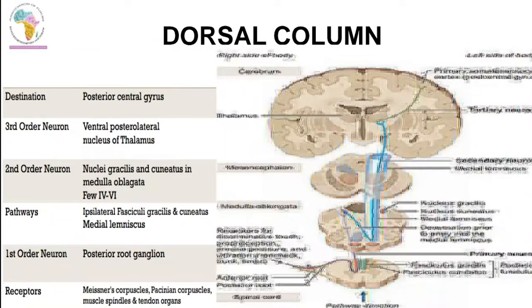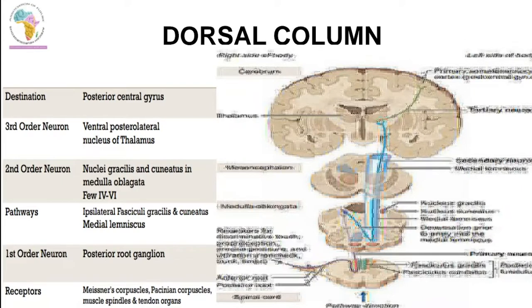But if it happens after this decussation, or the crossing over to the opposite side, the patient will present with sensory deficits or sensory dysfunction on the opposite side of the lesion.